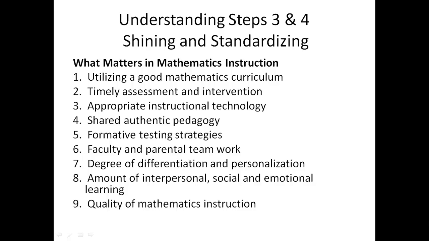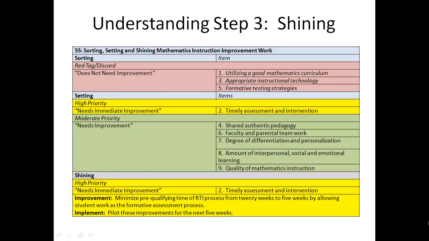So there's this list of 9, and from the other video we went through this process here of setting and sorting these out first and then setting them into categories. And so what we figured out is that in terms of setting these into categories, we had one item on this list that really was high priority, and that was strategy number 2.